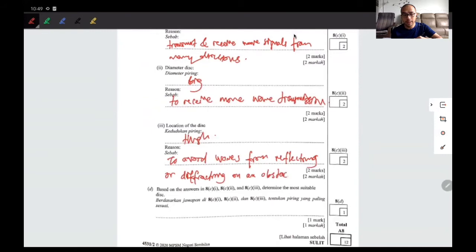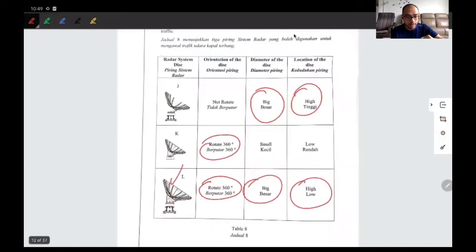When it meets an obstacle, because if you put it low, there are mountains, there are trees, so it's going to be a lot of reflecting, diffracting, refracting. So we don't want that. So we put the disc on high ground, so it's almost direct contact with the plane. So based on our answers, determine the most suitable. The most suitable is this L.